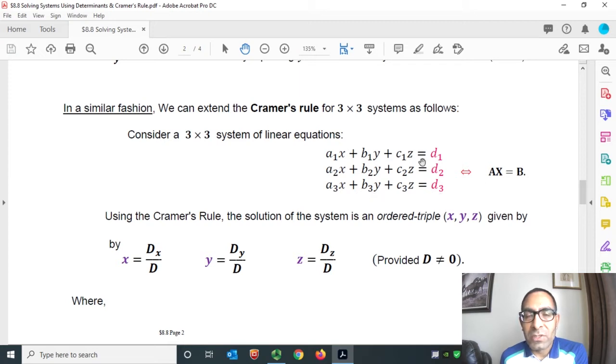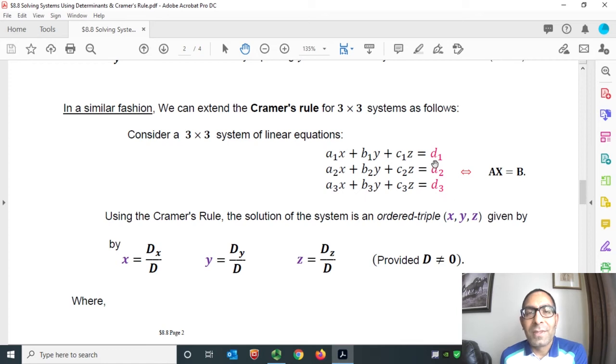So we have 3 equations and 3 unknowns. The unknowns are x, y, and z, the coefficients are a1, b1, c1, a2, b2, c2, a3, b3, c3, and the constants on the right hand side of the system are d1, d2, d3.